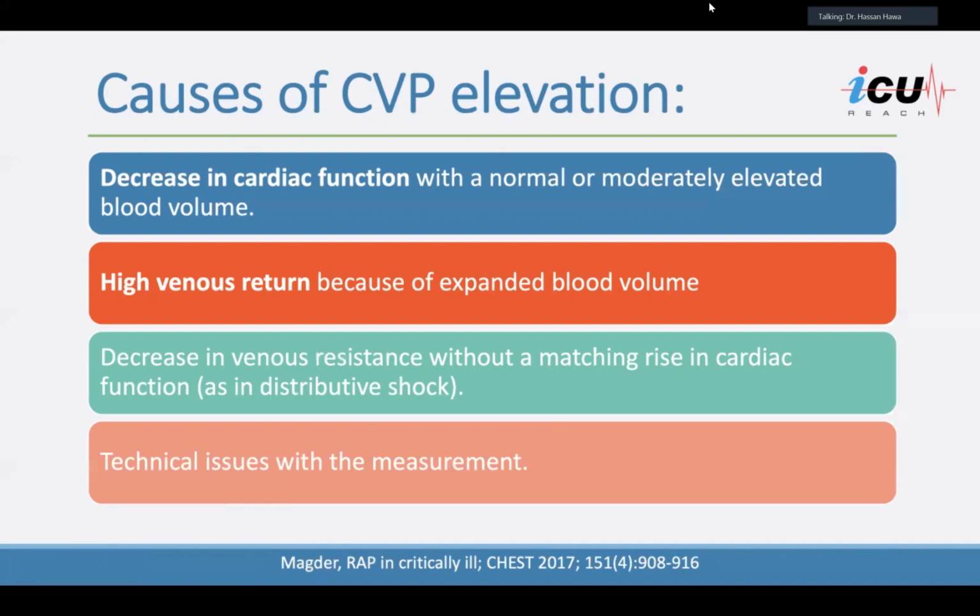What causes the central venous pressure to go up? There are many factors. Obviously, technical issues should always be kept in mind. However, with experienced nurses, there shouldn't be an issue really.